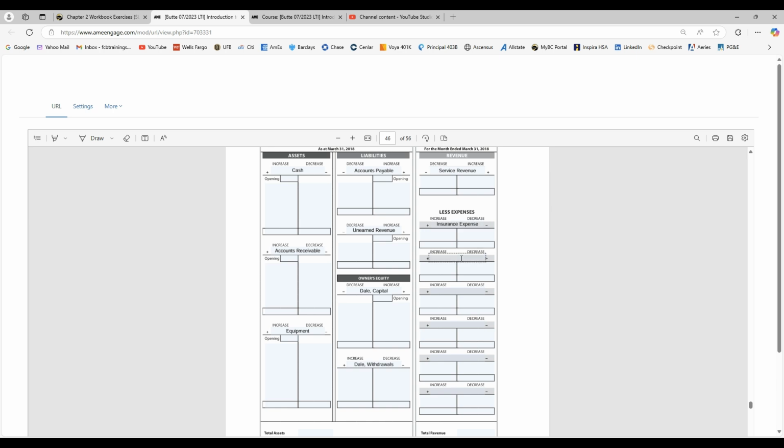Then we've got insurance expense, meals and entertainment expense, miscellaneous expense, rent expense, salaries expense, and I believe finally utilities expense.